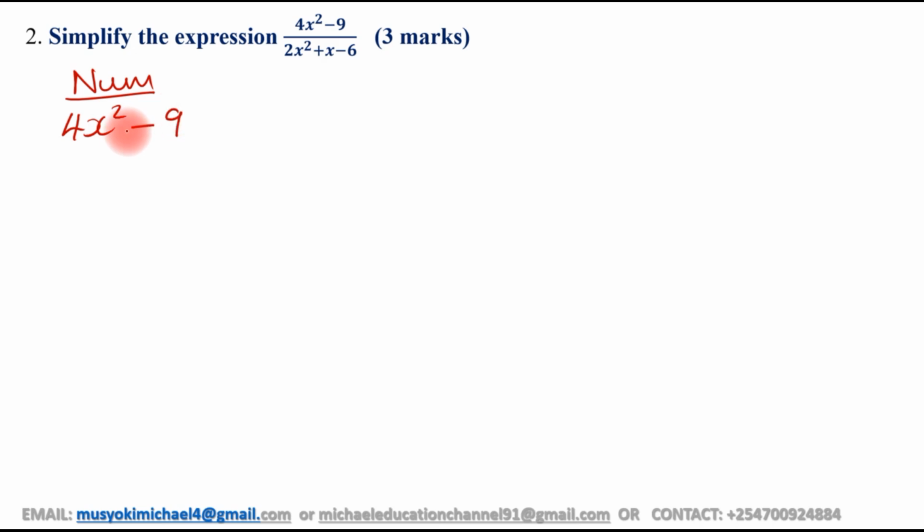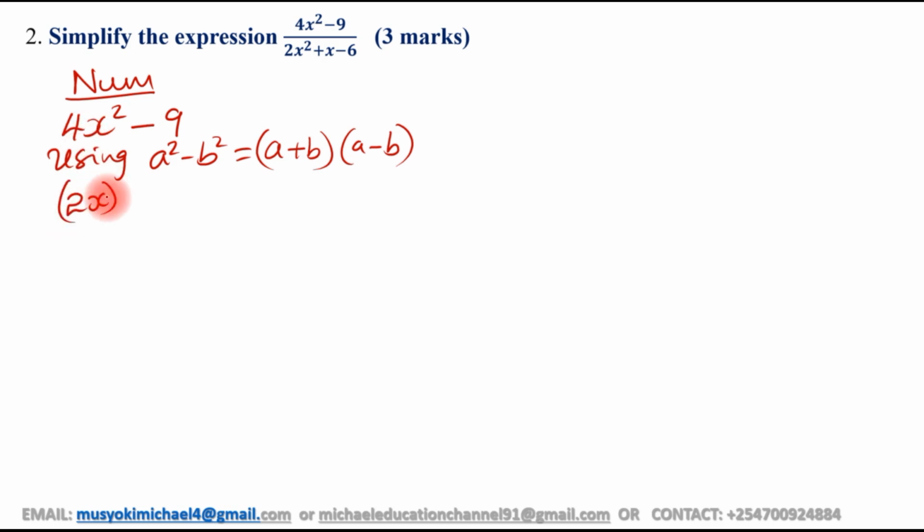We can write this using a squared minus b squared is the same as a plus b multiplied by a minus b. We can rewrite 4x squared as 2x all squared, since 4 is 2 squared, and 9 can be written as 3 squared.